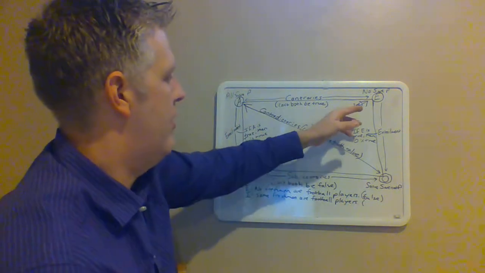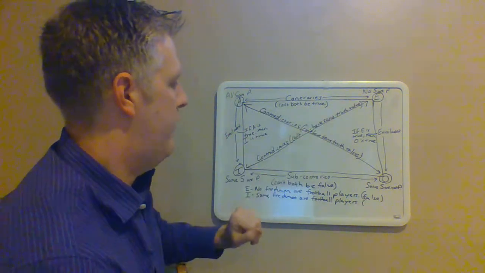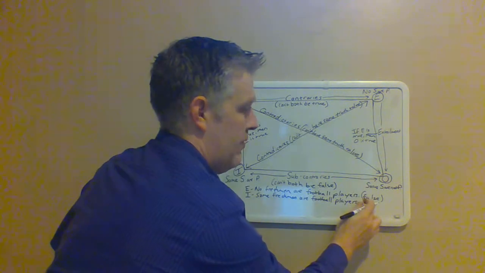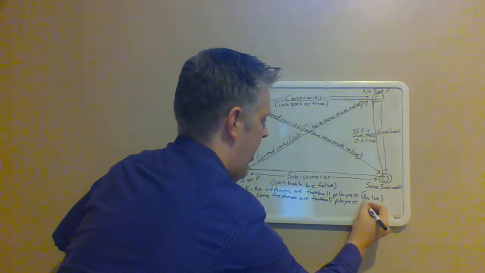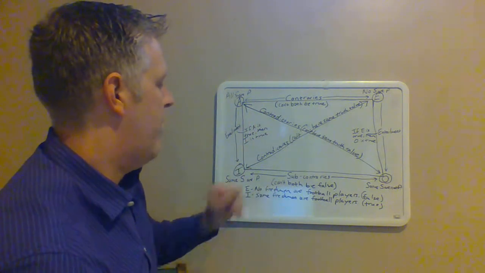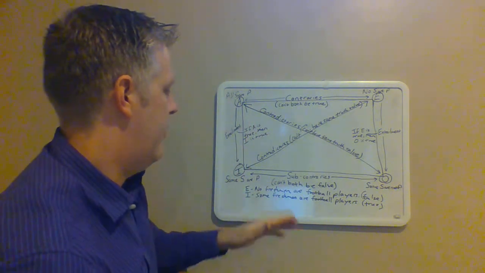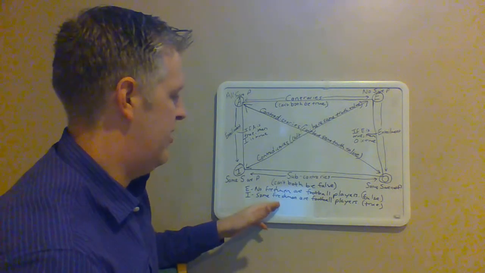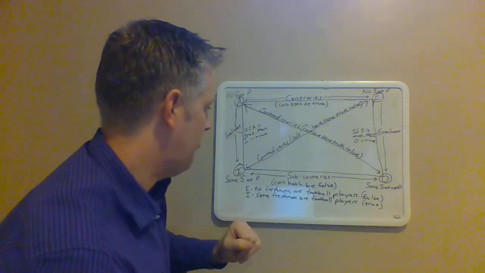Since the E and the I can't have the same truth value, and the E was said to be false, the I would have to be true. So if "no freshmen are football players" is false, then it has to be true that some freshmen are in fact football players.